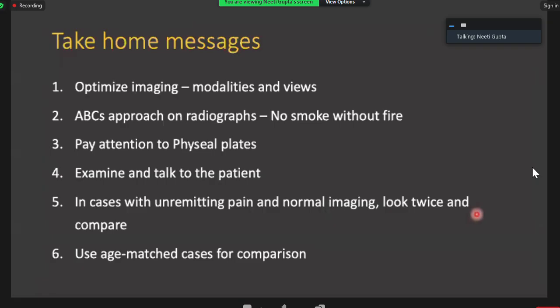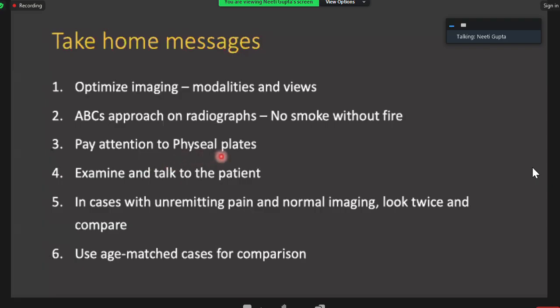A few things that I would like you to take away from this lecture are: first of all, optimize your imaging, optimize which modality you would like to look at, and the views on radiographs. I already discussed the ABCS approach on radiographs, and remember that there can be no soft tissue swelling in cases of trauma without an underlying bony injury, so there will be no smoke without fire.